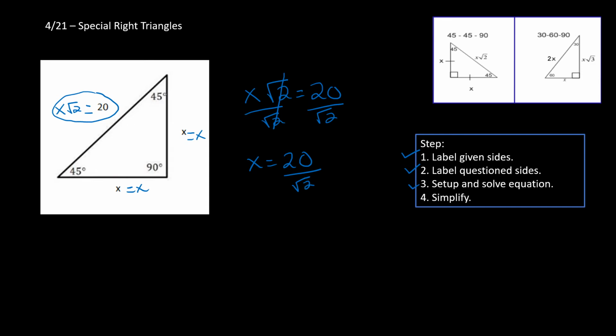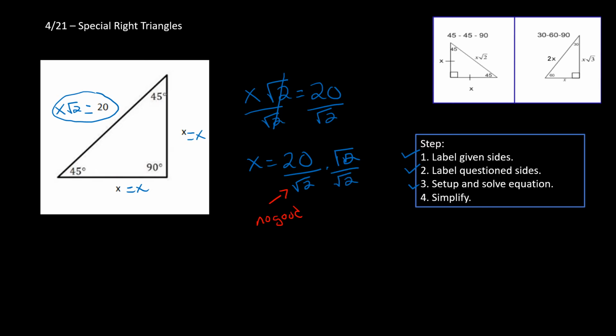Awesome. Well, as far as simplifying this, we need to make sure that we don't have any radicals here in the denominator. This is no good. We don't want to have a radical here in the bottom. So to get rid of that, we need to go ahead and multiply this by square root of 2 over the square root of 2.